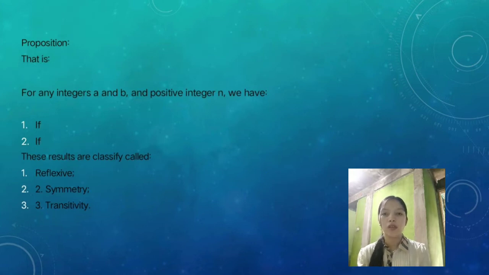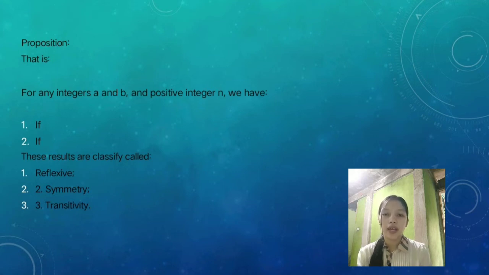Something important to know is that, by proposition, congruence modulo n is an equivalence relation. That is, for any integers a and b and positive integer n: one, a is congruent to a modulo n, which is classified as reflexive. Two, if a is congruent to b modulo n, then b is congruent to a modulo n, which is classified as symmetry.